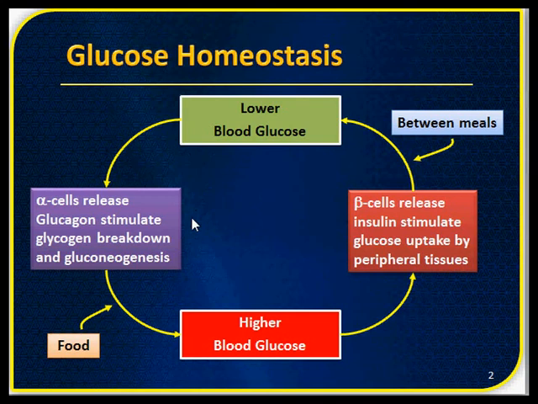This glucagon stimulates glycogen breakdown and also the production of new glucose called neoglucogenesis or gluconeogenesis. With the breakdown of glycogen, new glucose is available into the system, and new glucose is manufactured from the precursors by gluconeogenesis. Both these will increase the blood sugar.